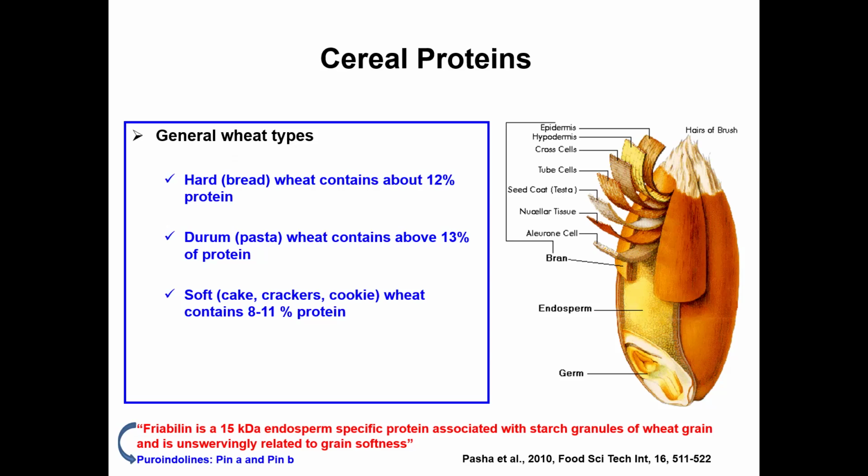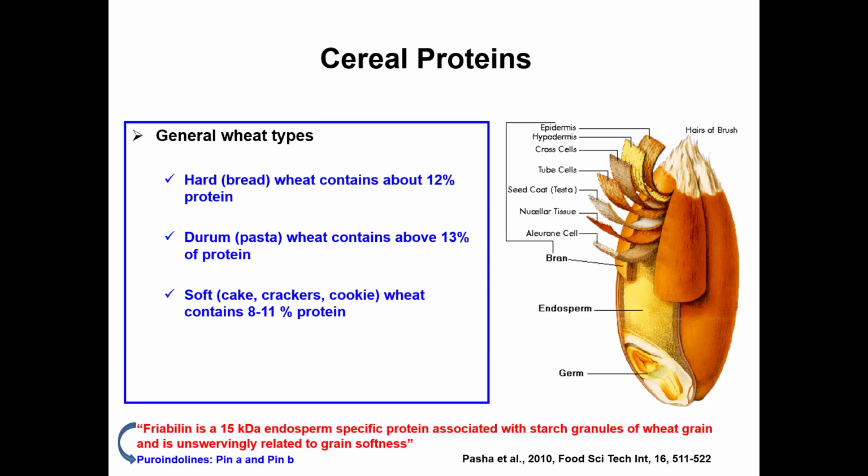And there is a special group of proteins. They're called puroindolines. There is an article that I put for you for your reading. These proteins, if they are present, they are associated with the starch granule. So, if they are present, puroindoline A and B, you have soft wheat.